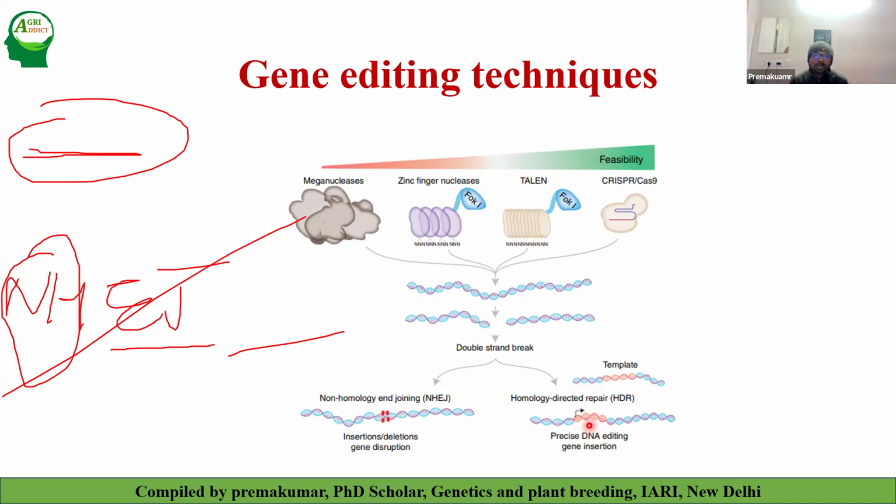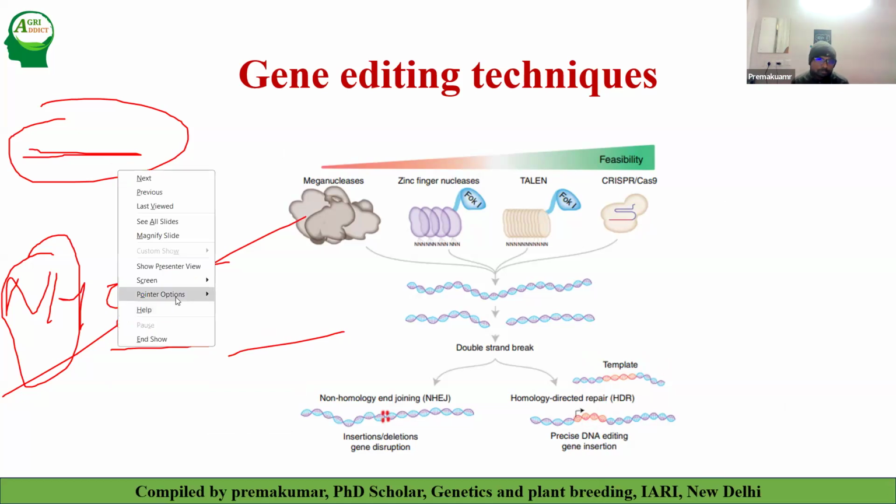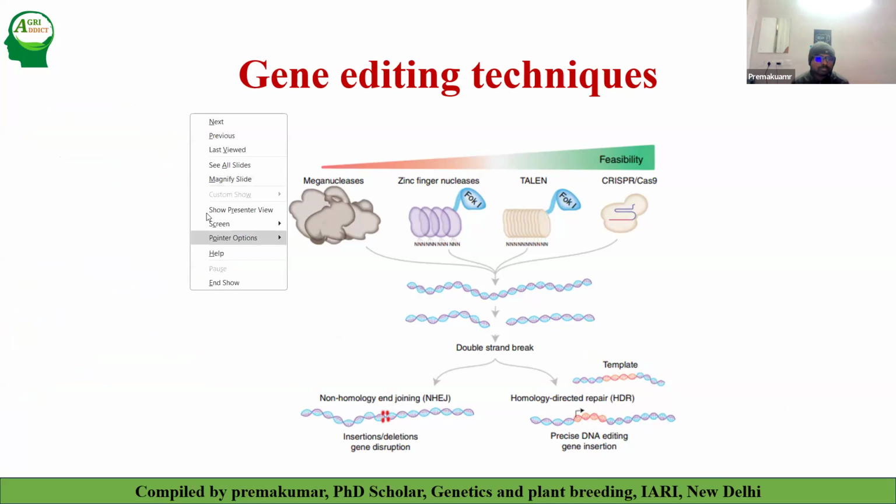Why is NHEJ more predominant in the cell than HDR? Why is it so? Anybody know the answer? Can anyone tell?